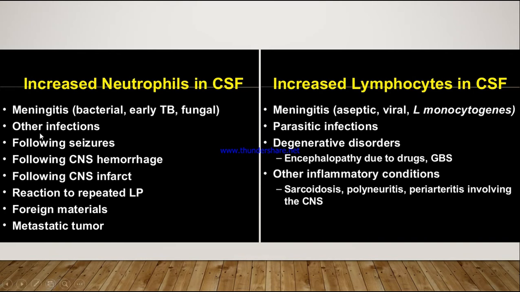In case there are increased neutrophils in CSF, these are some of the disease conditions.